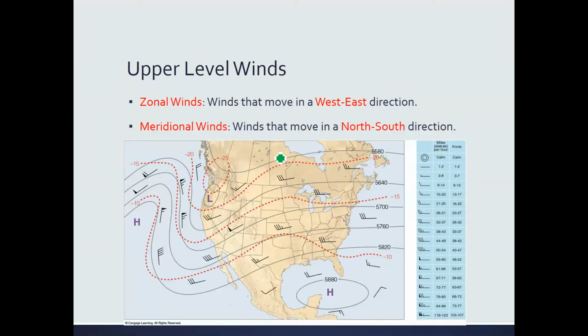So this side right here of the United States is experiencing a zonal wind. On the other hand, meridional winds are when winds have a high north-south component. That would be over here.